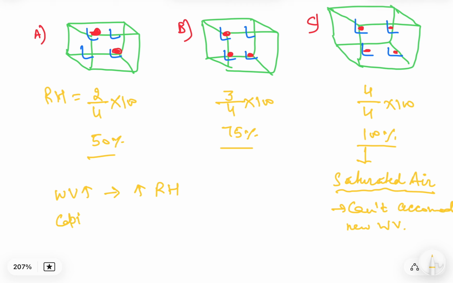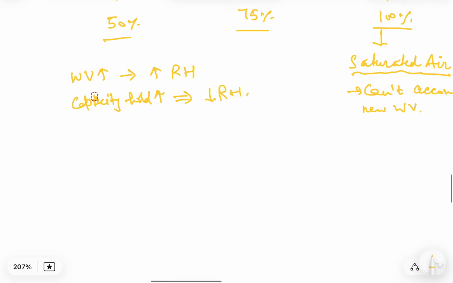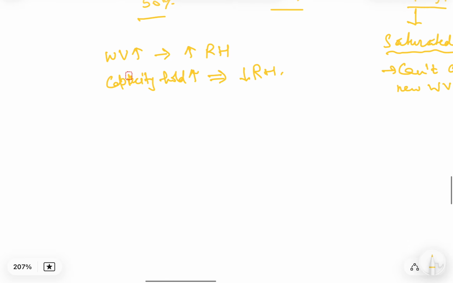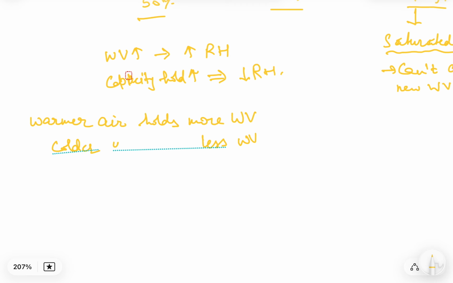When the capacity to hold water vapor increases, the relative humidity will decrease. And we have seen that the warmer air holds more water vapor and the colder air holds less water vapor.